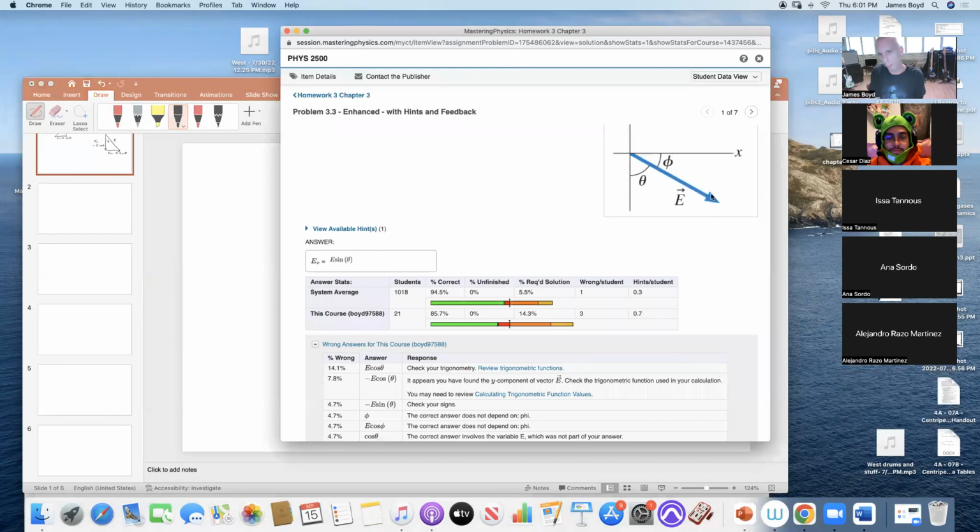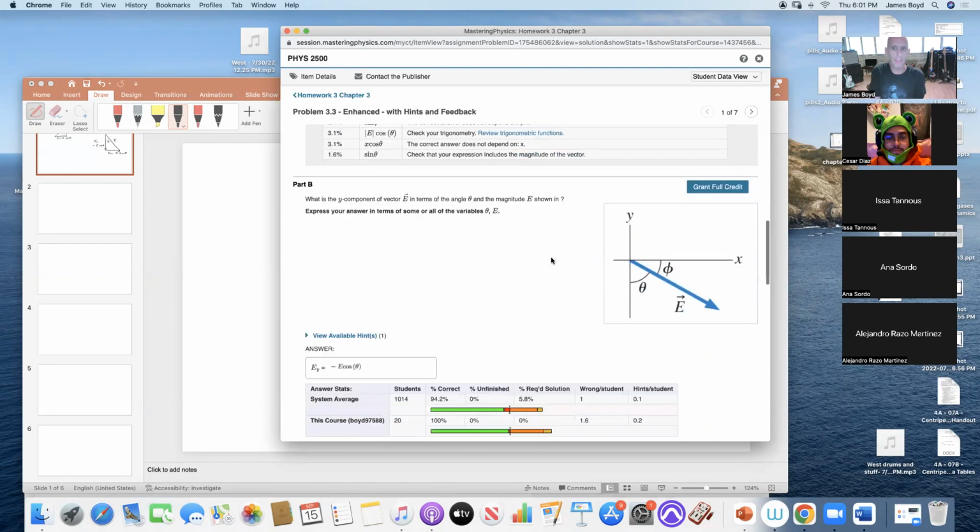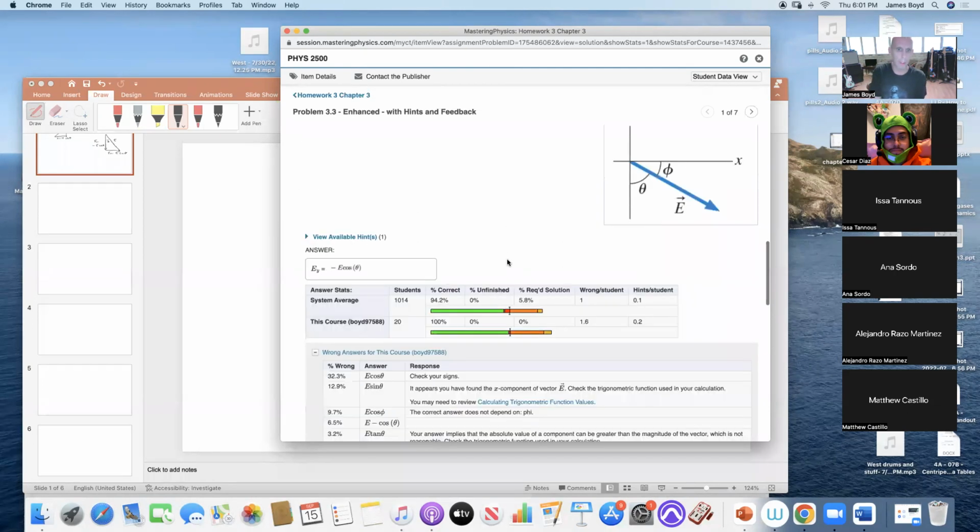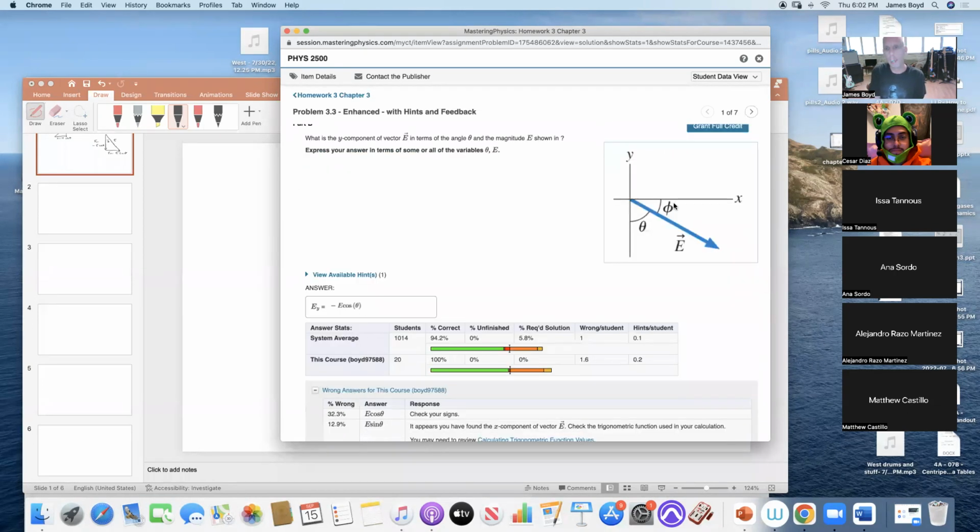E to the X is going to go from here to here. You could move it up along the x-axis, but it's E sine because it's the opposite of the angle. And then E to the Y is going to be down, so it's going to be E cosine. As I said, just pop in the chat if you want me to stop and explain anything. The negative sign is because we're going down.